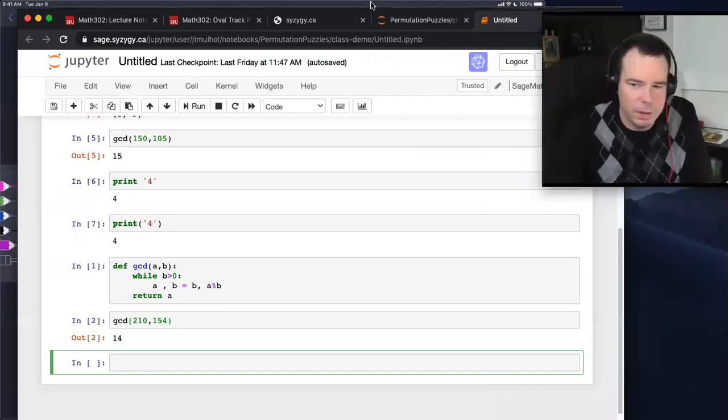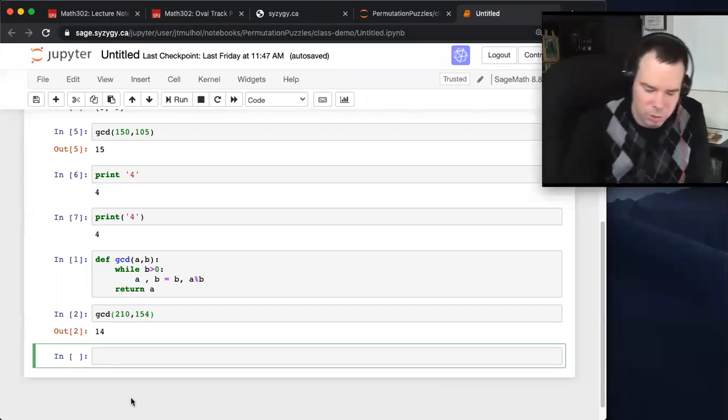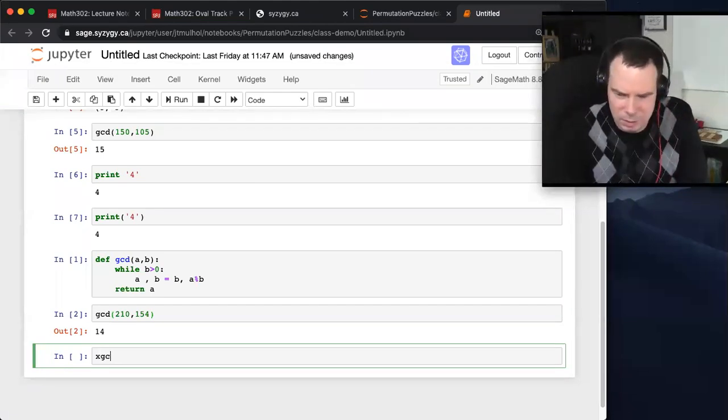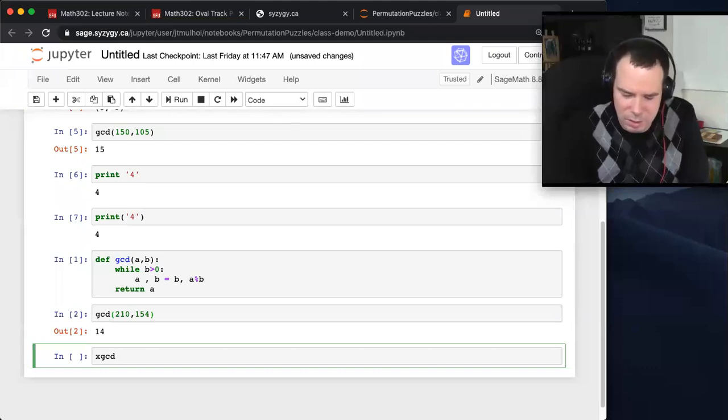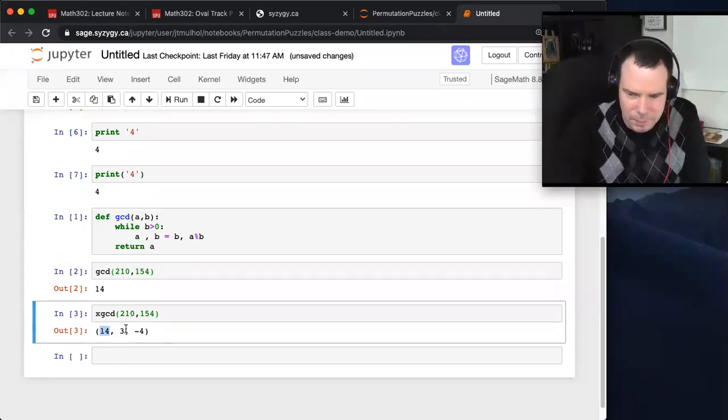I just want to show you that this is already implemented in SAGE. It's known as XGCD, so extended GCD. We can do it as 210, 154. What gets returned is the GCD, and then the number that you would multiply by the first number that you inputted into XGCD.